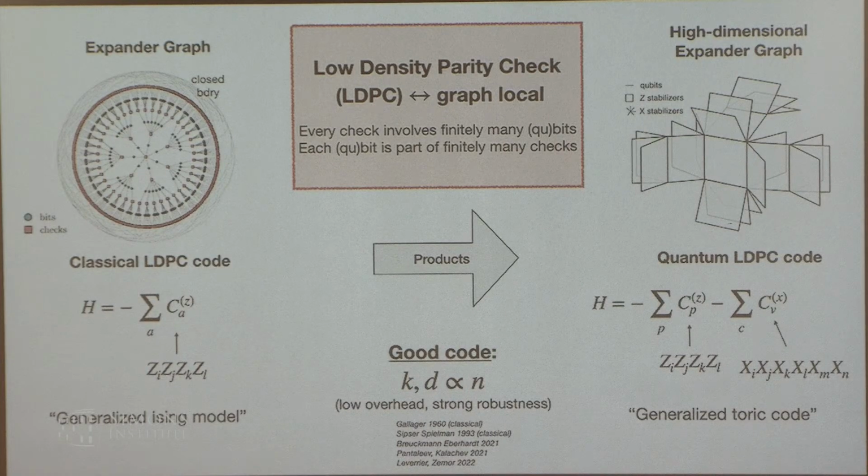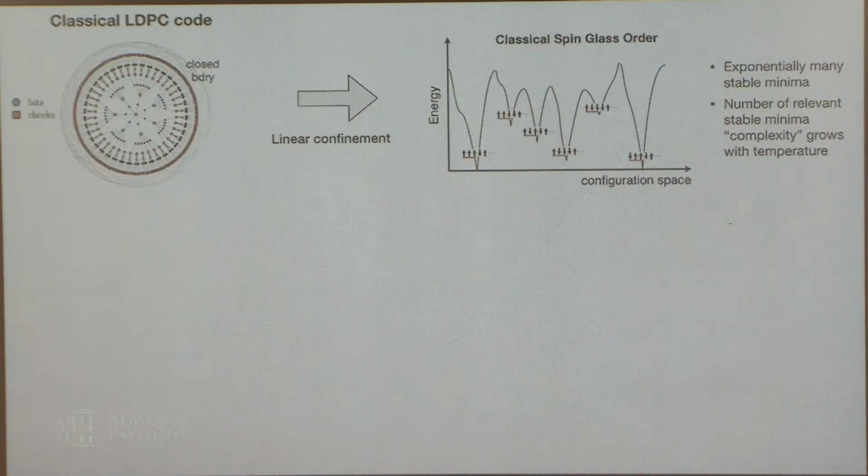Okay, so what actually has been appreciated in the literature, so we got very excited when we found this, but then we found a giant literature that actually had been talking about this, is that there is a well-known relationship between classical LDPC codes and classical spin glass order.